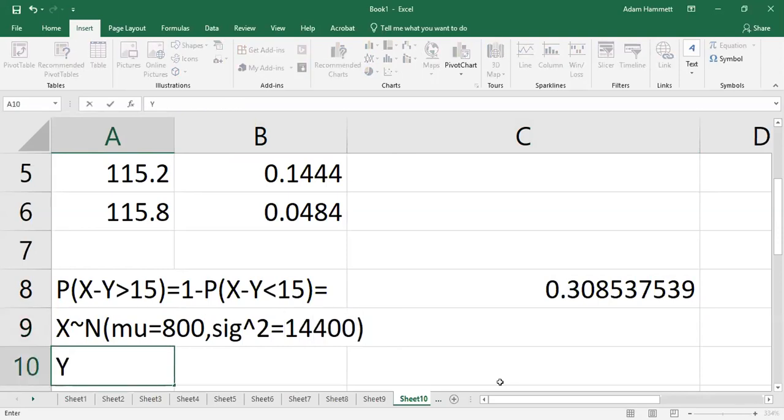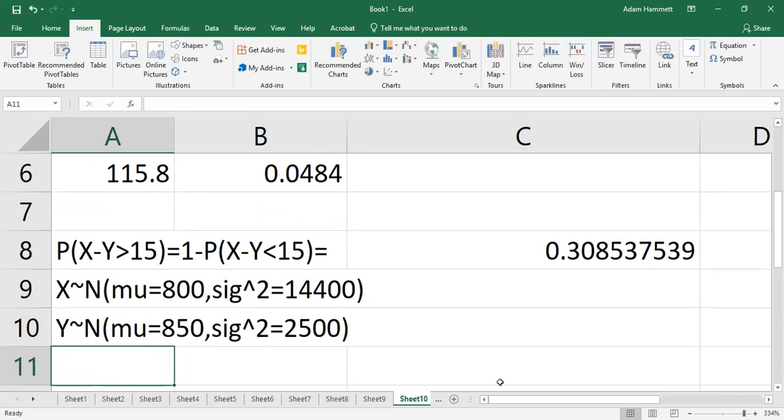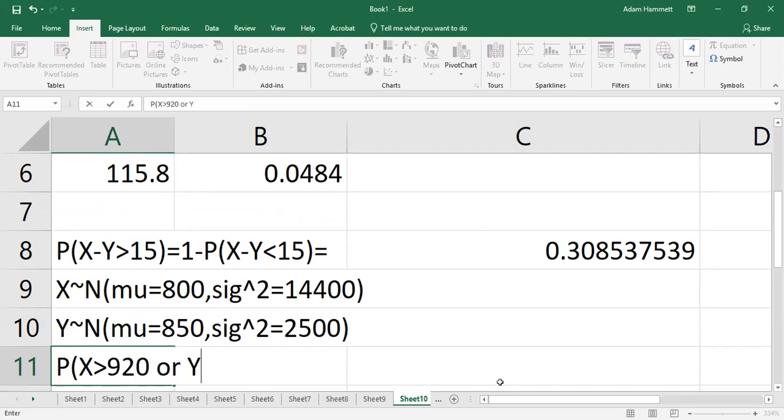And Y was distributed as normal with mean 850 and sigma squared equal to 2,500, right? And now I want the probability that X is greater than 920 or Y is greater than 920, right?